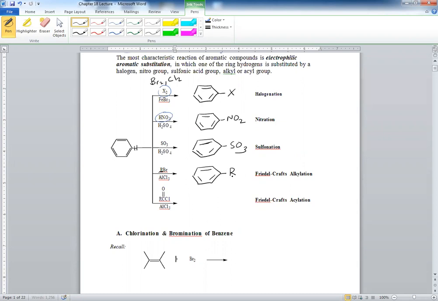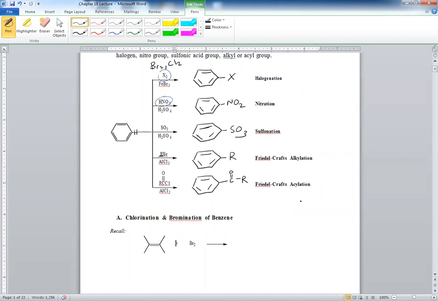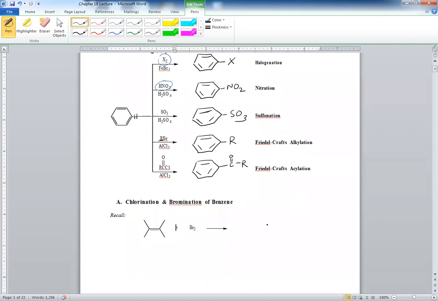So that's R right there. And of course, acylation is you're adding an acyl group, which is the RC double bond O. So that's what's happening. And we will go into each mechanism to show you what exactly happens in there.